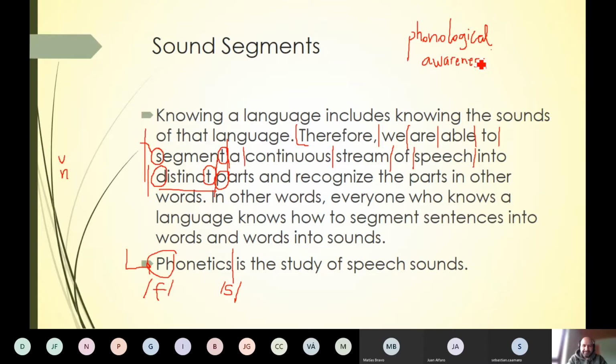So for example, the word nose. When you are able to identify the initial sound and the final sound, right? Nose, the final sound is s, the initial sound is n. Do not get confused with this letter or grapheme, right?